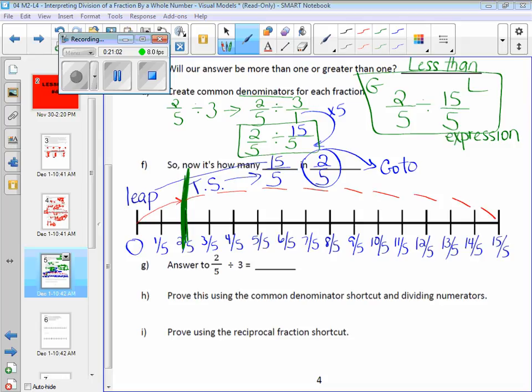That's my dotted line, because that's how I have to leap. But I hit the wall at 2. So how am I leaping? How am I leaping? I'm leaping by 15. How far did I leap before I hit the wall? Do you see that?